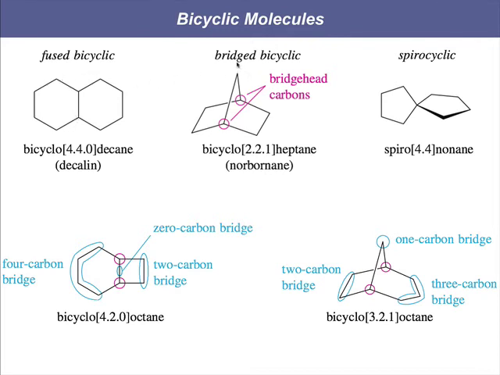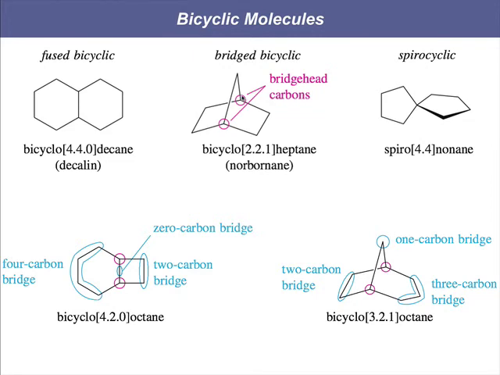You can have a bridged bicyclic molecule, which is where you have two rings where one of the ring bridges the other one. You can look at this as a 5-membered ring and a 6-membered ring. Where's the 6-membered ring? Here's the 6-membered ring. 1, 2, 3, 4, 5, 6, and then back to 1.